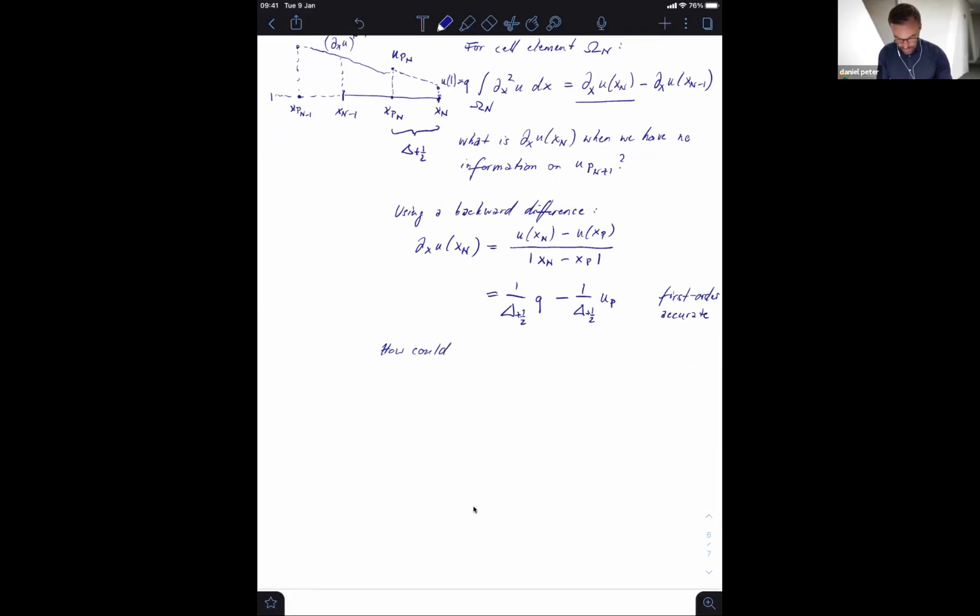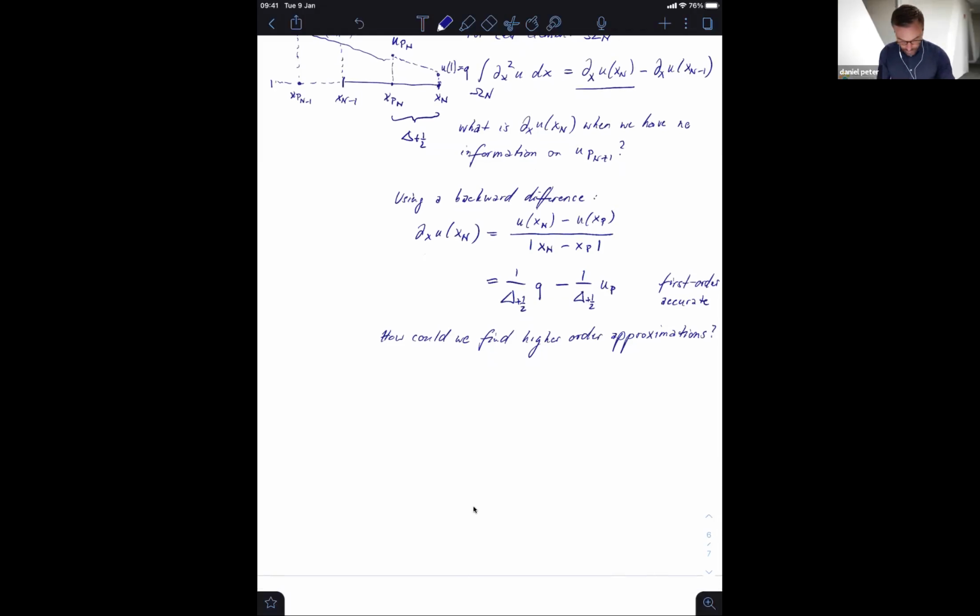Just to outline this, you would look at the Taylor series approach.